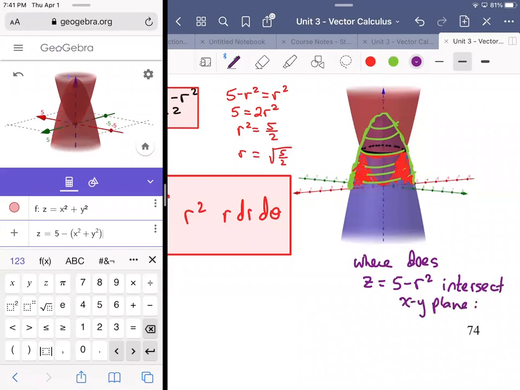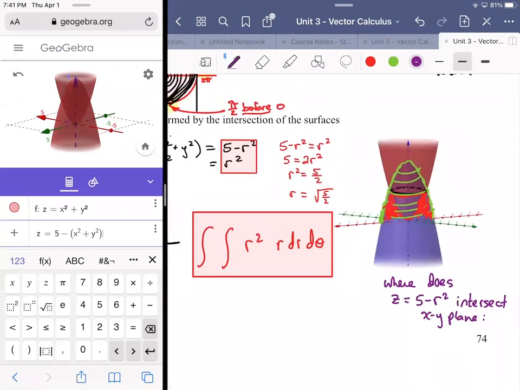The answer to that would be when z is equal to 0. So we'd be looking at 0 equals 5 minus r squared, right? And so that would be r squared is equal to 5, making r equal to, again, it's a circular region. That's this piece here.